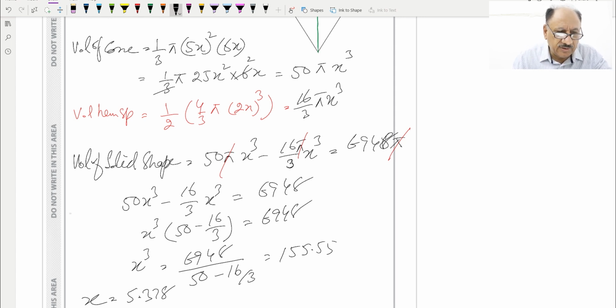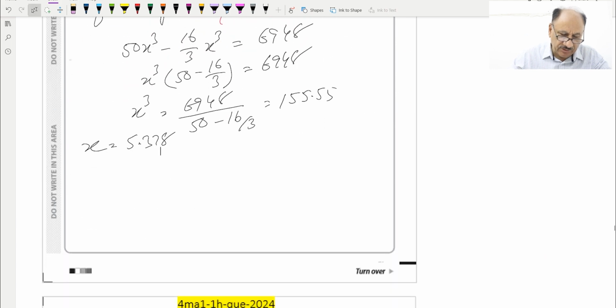So now what are they saying? They are saying work out the total surface area of the hemisphere, so the surface area of the hemisphere is required.